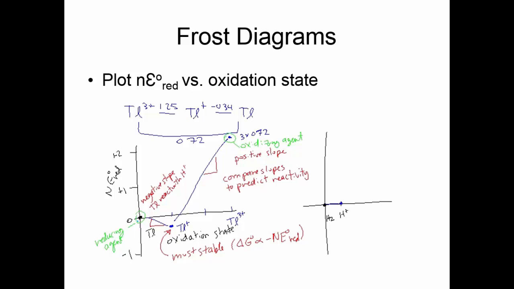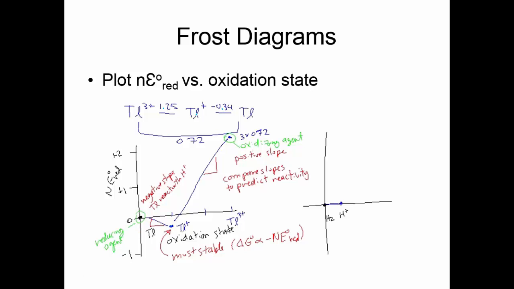So here in the case of thallium, we have on the x-axis the 0 oxidation state, the +1 oxidation state, and then the +3 oxidation state. And we know we start at 0 volts, and then as we go from 0 oxidation to +1 oxidation, we know what that standard reduction potential is here from our Latimer diagram, so negative 0.34 times 1, so we end up there.